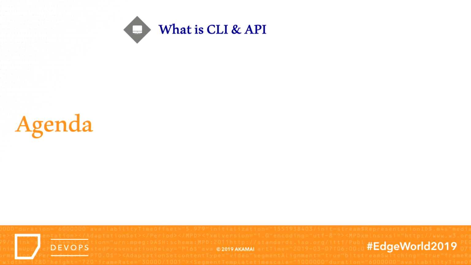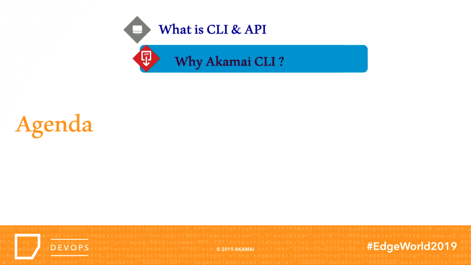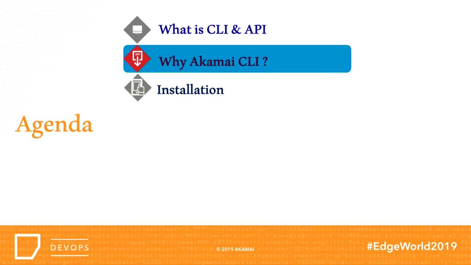The agenda that I would like to cover for this afternoon is a little old school talk on what Akamai CLI is and what API is, and why it is important to have Akamai CLI rather than any CLI or probably any API. Then I'll walk you through how you can install Akamai CLI and the different offerings that we have.